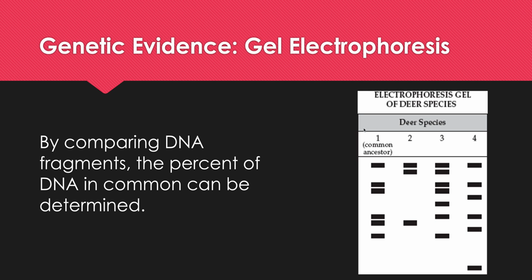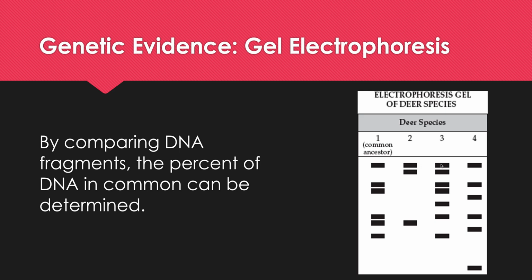So for example, in these deer, we have this common ancestor. So this is the ancient version of the DNA. And we're comparing it to 3 modern day species. And if we look at how many lines they have in common, we are looking for who has the most in common with the ancestor, right? If you look at this deer species, they only have 3, and out of those 3, only 2 match.